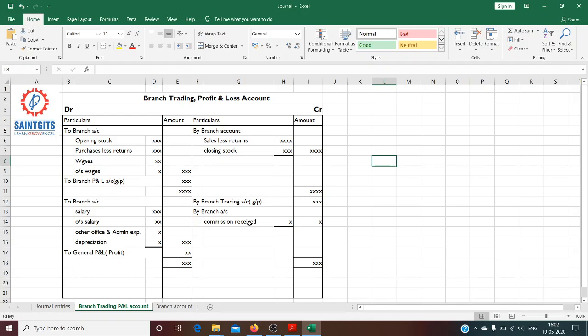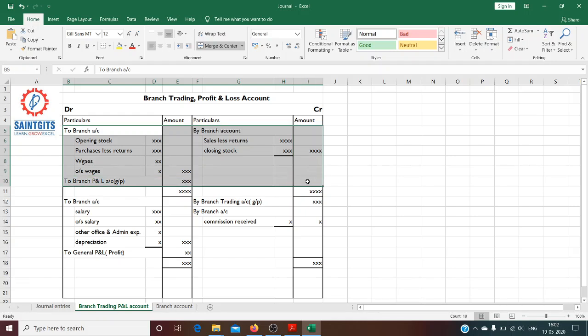Now, what are the things to be considered while preparing the branch trading profit and loss account? Now we will discuss first the branch trading account area. Now these are the areas to be considered.